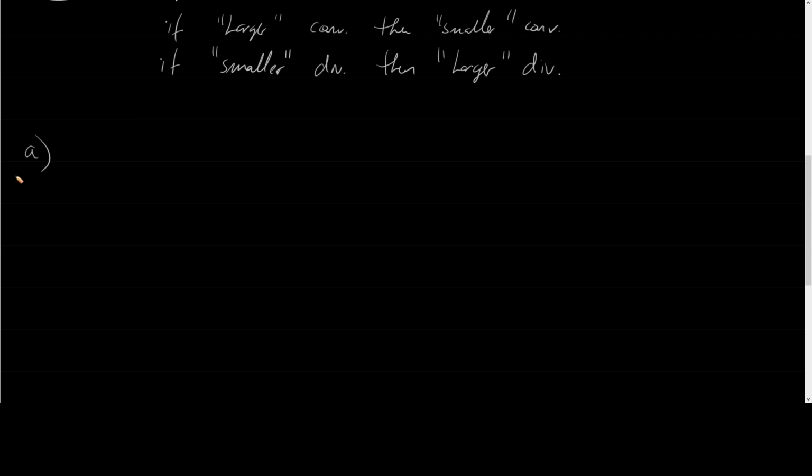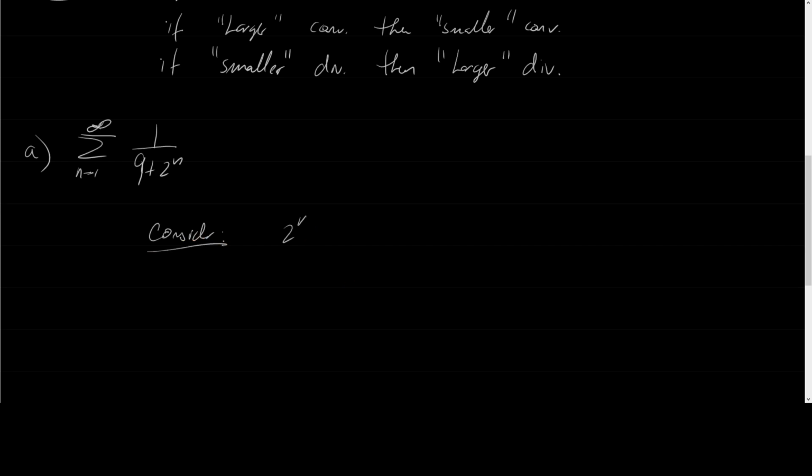So let's take a look at some examples. With series, the instructions are always to determine if it converges or diverges. Let's look at this series: the series from 1 to infinity of 1 over 9 plus 2 to the n. Let's consider the following.